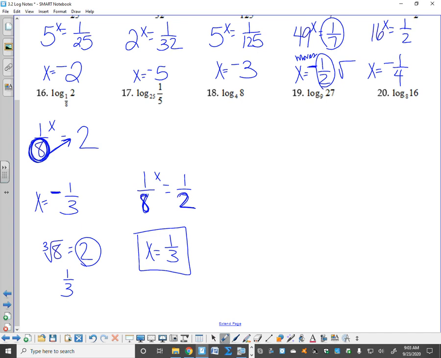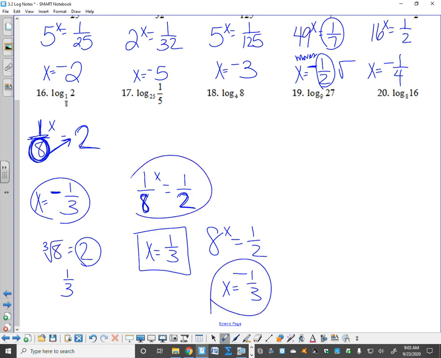Nothing moved. If I went from an 8 to a 1/2, I would need to cube root it and move it. If I go from a 1/8 to a 2, I need to cube root it and move it. That's why both of those exponents are negative. This exponent is not negative because nothing moved. But in all three cases, I needed to cube root it, and that's why it's a 1/3. That's a great set of examples right there.